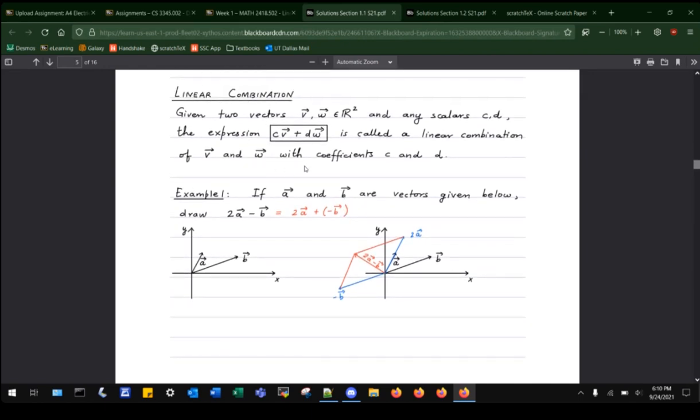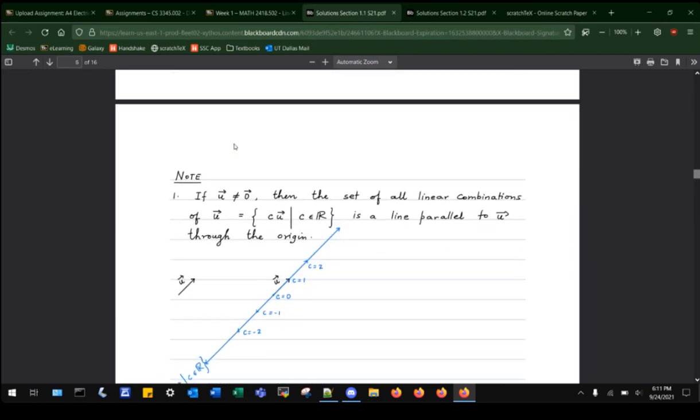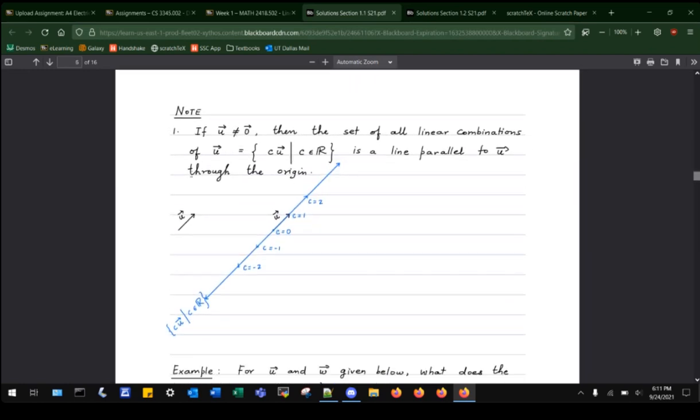A linear combination is when you have two vectors, each multiplied by a different scalar, and then added up with different coefficients C and D. When you have the set of all linear combinations of one vector, you'll get a line.